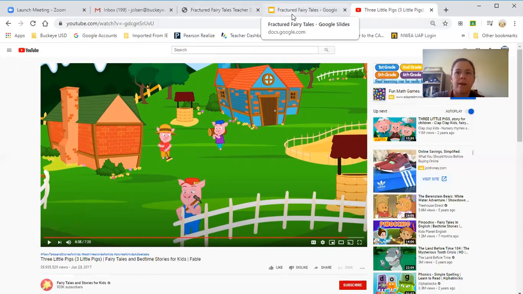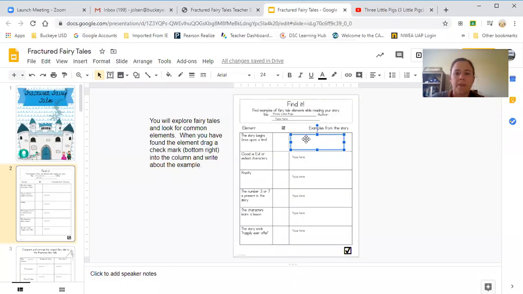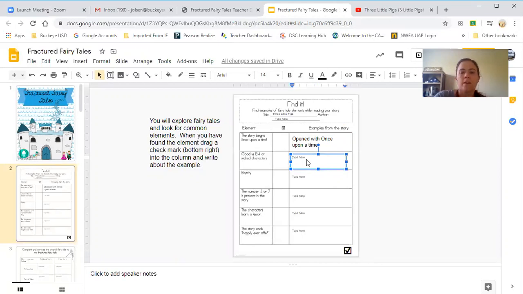All right, so if we go back to our document here, it definitely opened with once upon a time. Make this bigger. Just double click in there and take that out.